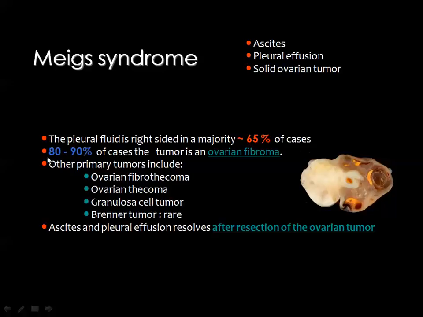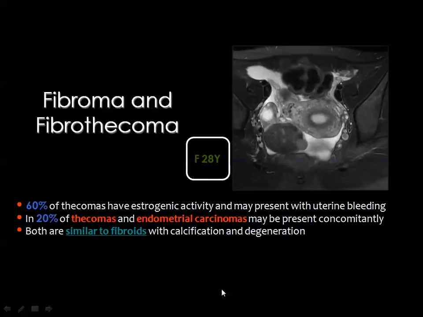80 to 90% of the masses are of the ovarian fibroma type, but other relatively rare lesions can occur. The pleural fluid is usually on the right side in the majority of cases, and being a fibrous tissue component, it will appear of dark signal on MRI images in T1 and T2 weighted images.